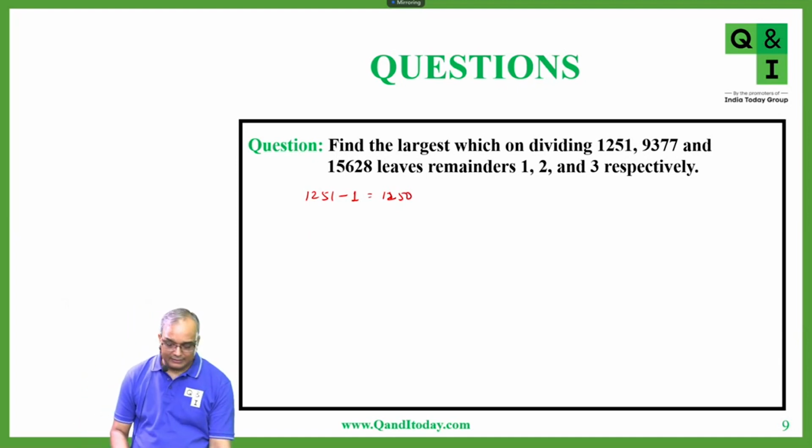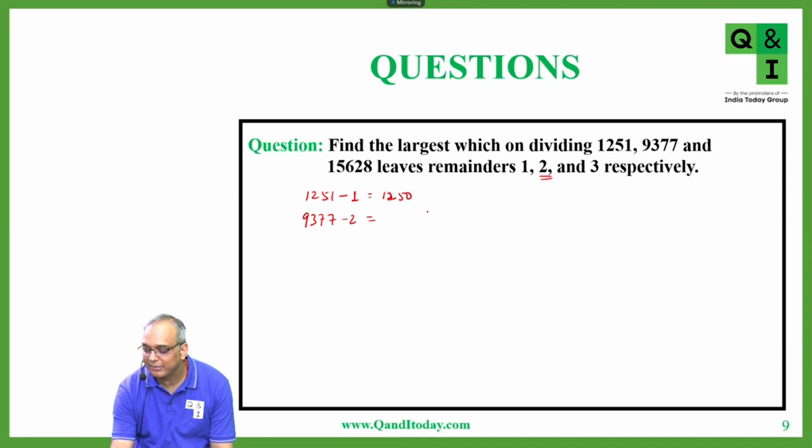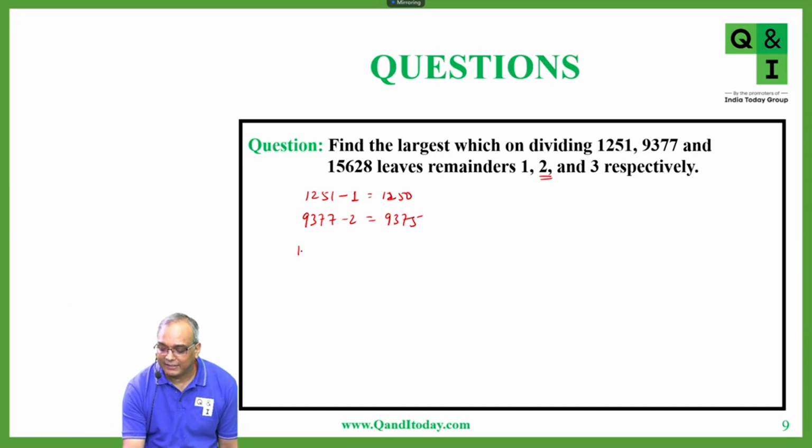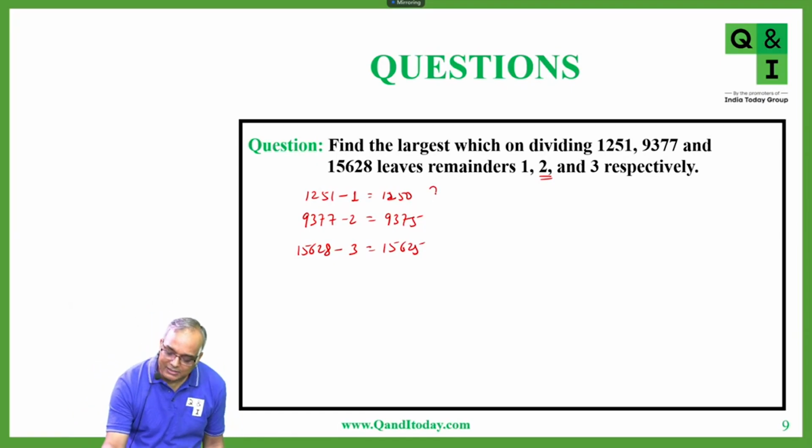And then we have 9377 minus 2, because 2 is the remainder here. We will get 9375, and 15628 minus 3 is 15625. Now these are the numbers which are exactly divisible.